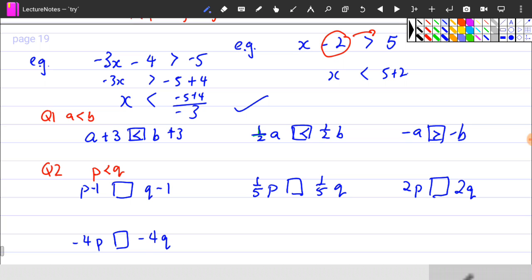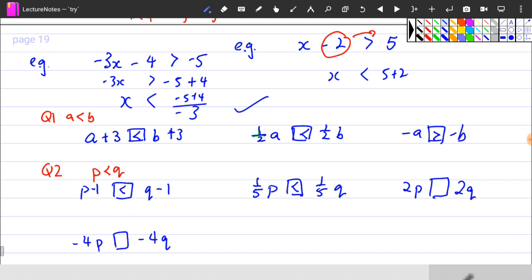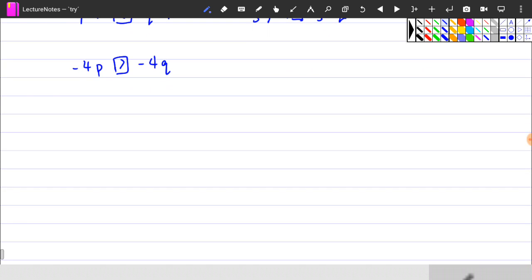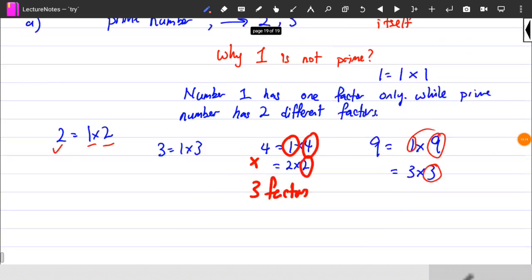First? Smaller or bigger? Smaller. Is it correct? Yes, then after that, still smaller. Third one, still smaller. Last one, bigger. Right? Good? Now, continue.